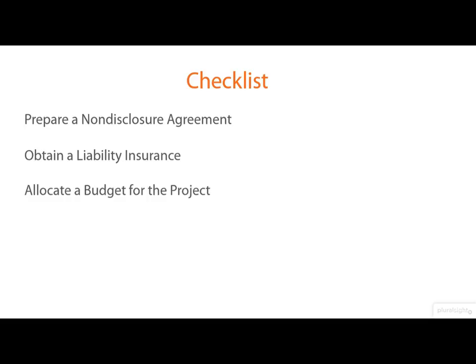After that, the team must prepare a budget for the entire process of penetration testing. The main purpose of this budget is to estimate the overall expenses required for the project. The list of the expenses that the budget may include is the traveling expenses, for example, the lodging expenses, and the food expenses.